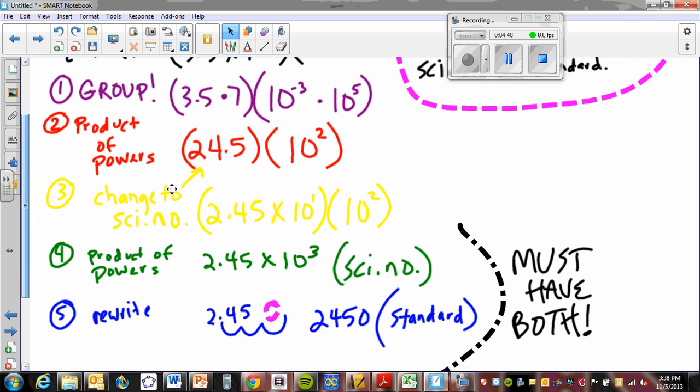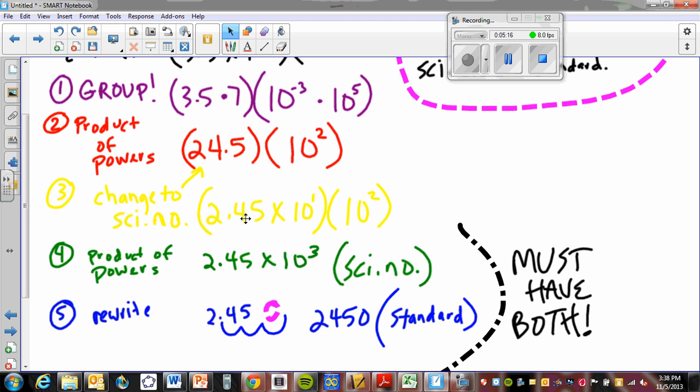Next thing we need to do, if this number is not in between 1 and 10, which a lot of times it won't be, we need to change this into scientific notation also. So all we got to do is move this decimal 1 place to the left, get 2.45 times 10 to the first, because we moved it one time. And then that's times 10 to the second. And our product of powers says this 1 plus this 2 gives us 10 to the third.